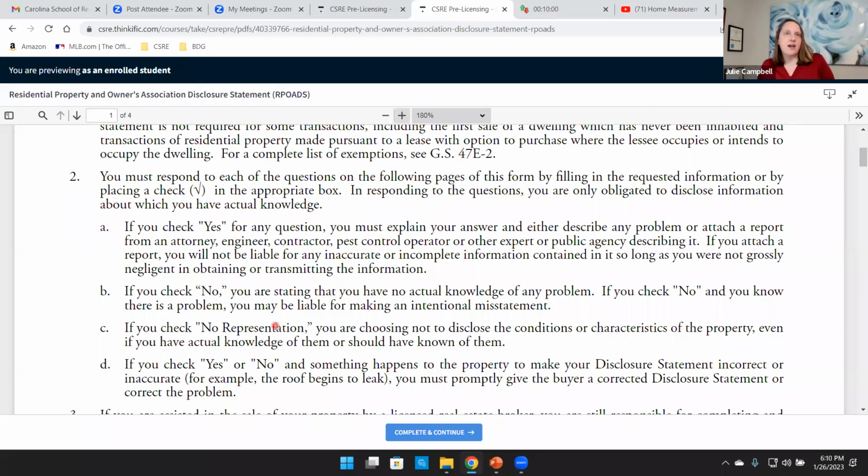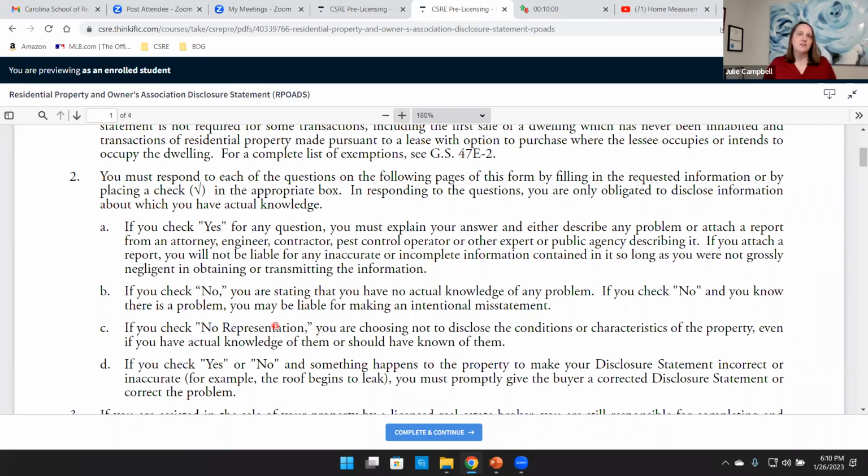Maybe they're choosing to exercise their rights under caveat emptor. Maybe they genuinely don't know if there's a problem or not. Or maybe they're the shady seller that's trying to hide something and wants to avoid everything by saying no representation. Caveat emptor, they have that right to say no representation no matter what. Regardless of how the seller completes this form, the buyer's always encouraged to do their own inspections and their own investigations.